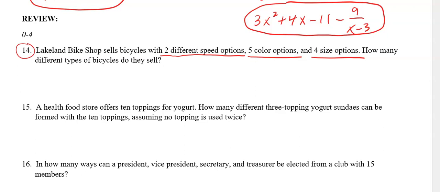So this is how we use the fundamental counting principle. We take the number of choices within each option, and we basically just multiply those numbers together. It's pretty simple. 2 speeds, 5 colors, 4 sizes, multiplied together.